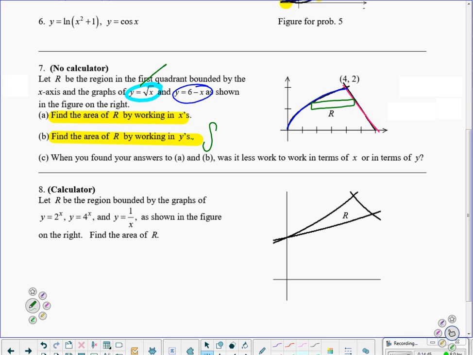We need to solve these out, so solve for x. That means I'm going to square both sides so I can get x. So x equals y squared. And then solve for the red one. Let's see, we would add x, subtract y. So x equals 6 minus y.